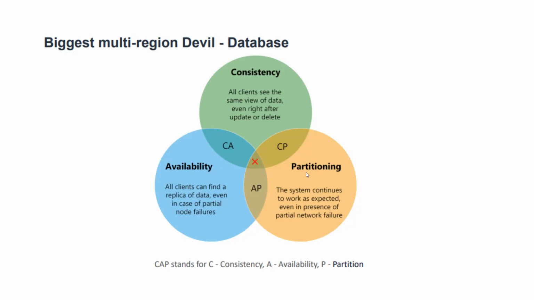Next thing is that you need to have partitioning. Even though the system doesn't work, your database needs to be present. If you know the DBMS subject, there are ACID properties in database management systems.